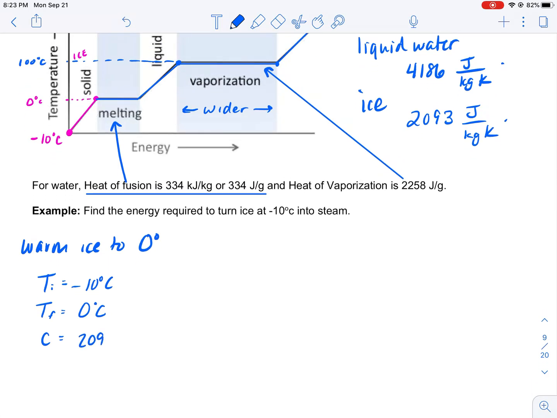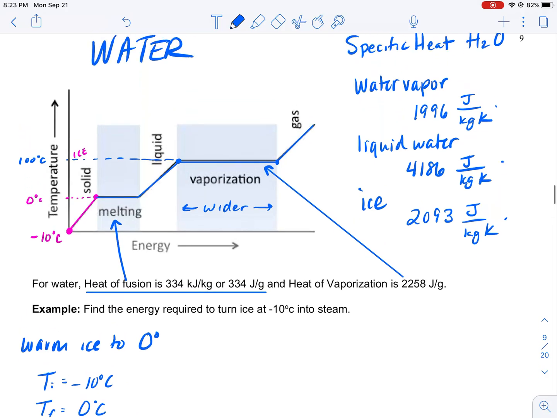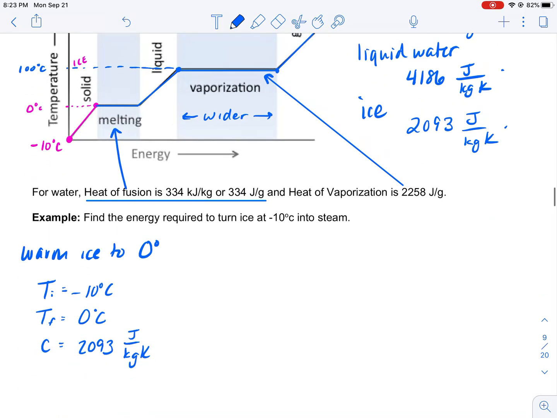The specific heat of ice is 2,093 joules per kilogram Kelvin. And this reminds me that I need to have an amount here. I haven't given myself an amount in this example, so let's say the mass is 1 kilogram, just to keep things simple.